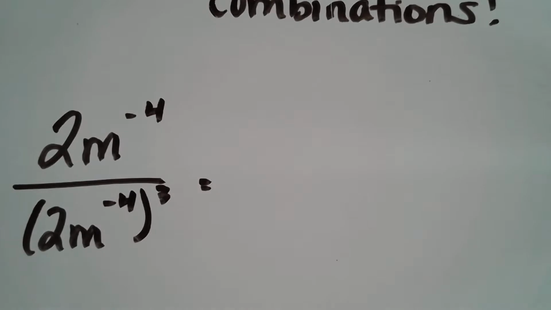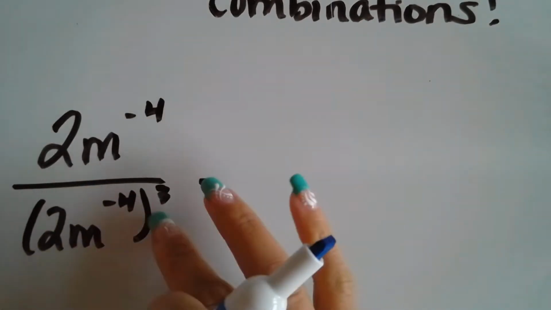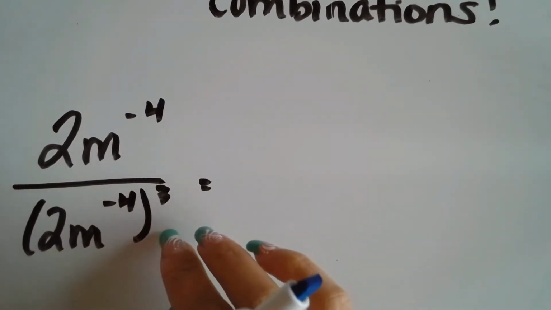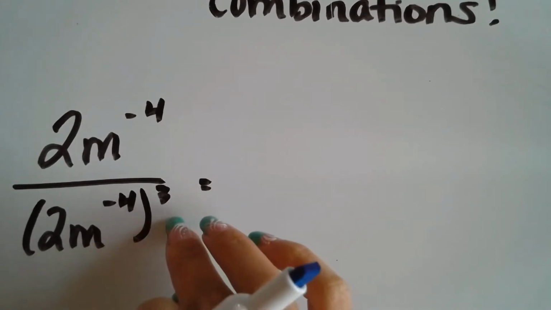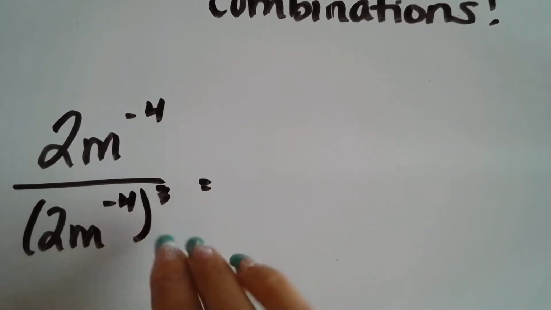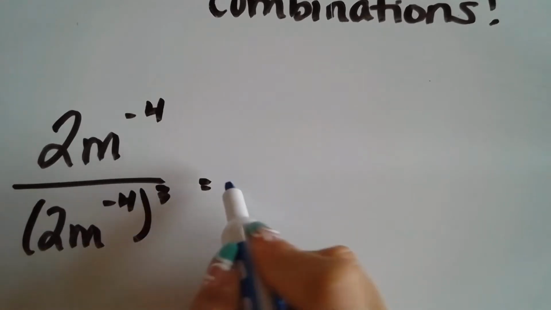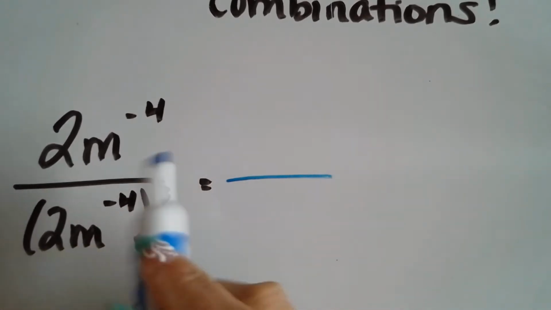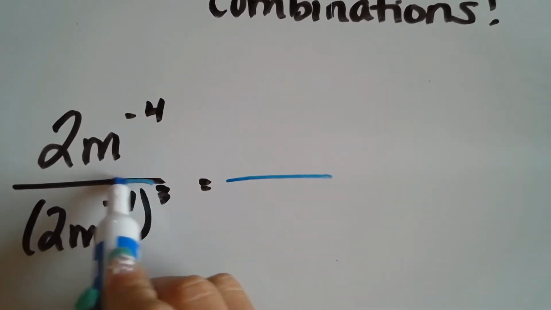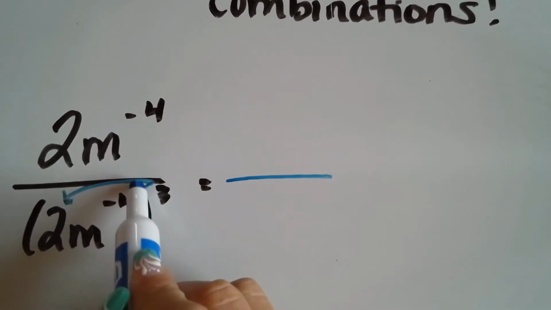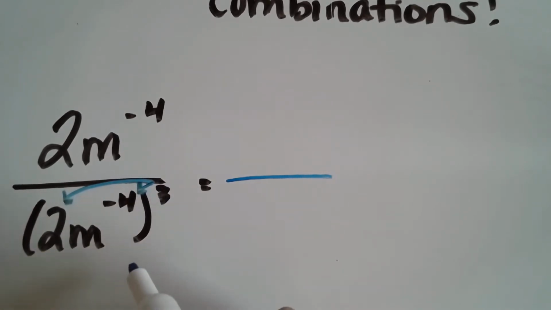So what I need to do is, I see there's more things going on in our denominator, so we need to take care of this part first. I do know that I need to be distributing this exponent.